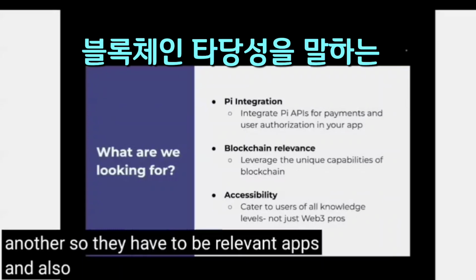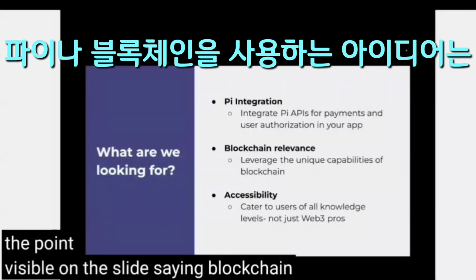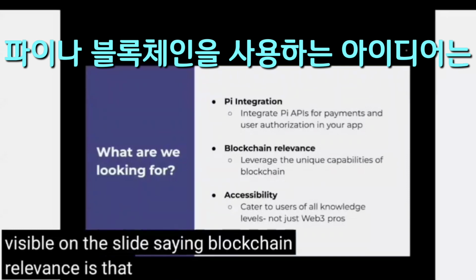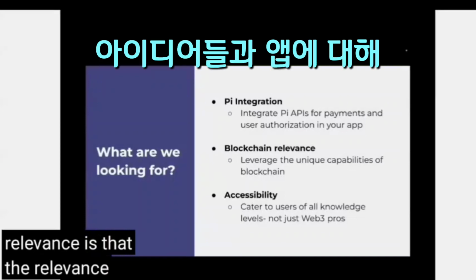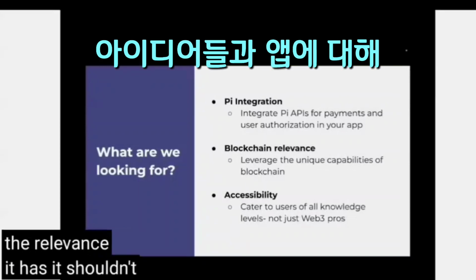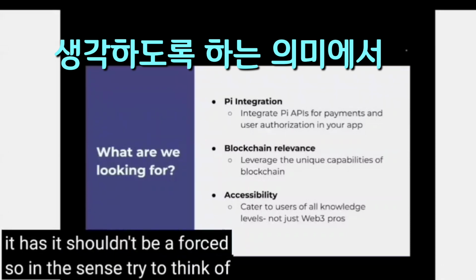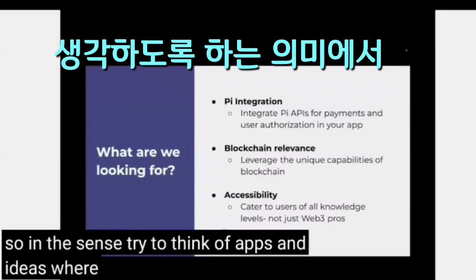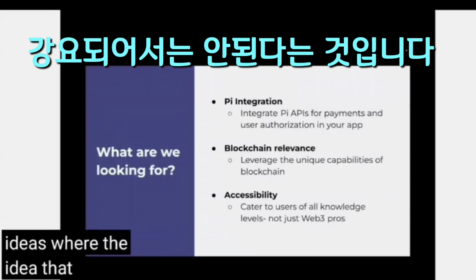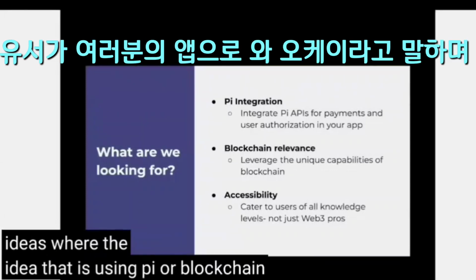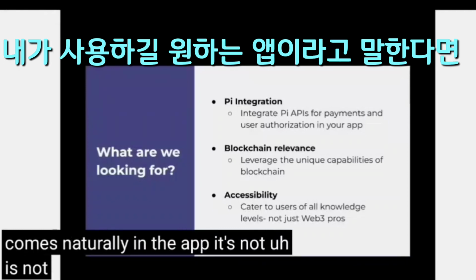And also, the point visible on the slide saying blockchain relevance is that the relevance shouldn't be forced. So try to think of apps and ideas where using Pi or blockchain comes naturally in the app, is not forced.